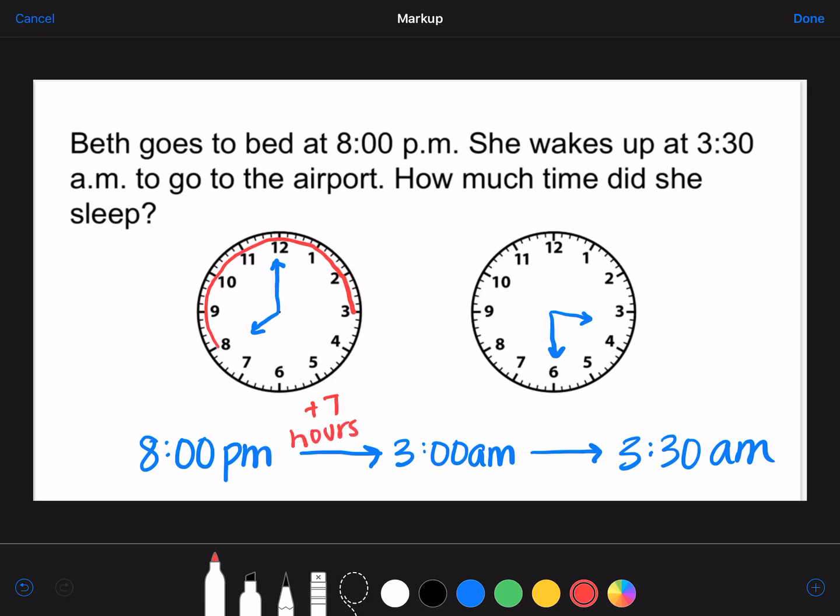And then to get from that 3 o'clock, we would now count the minutes. 5, 10, 15, 20, 25, 30. So that would be 30 minutes. So the elapsed time would be 7 hours and 30 minutes.